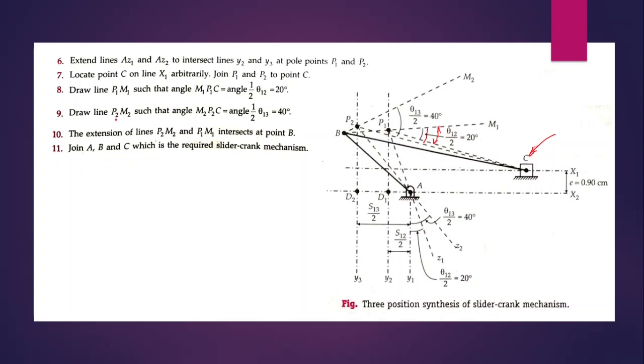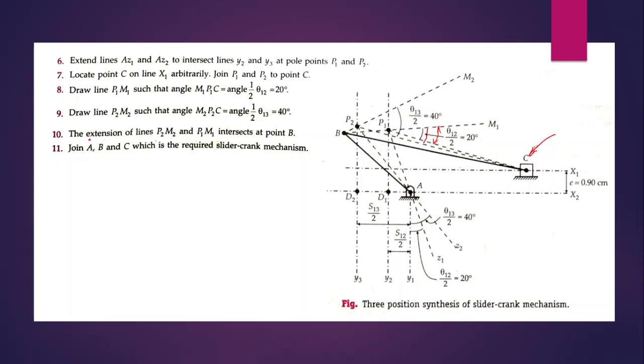Then draw a line P2M such that this complete angle M2 P2C is equal to theta 13 by 2. Theta 13 by 2 is equal to 40 degree. Theta 13 is given in the question as 80 degree.